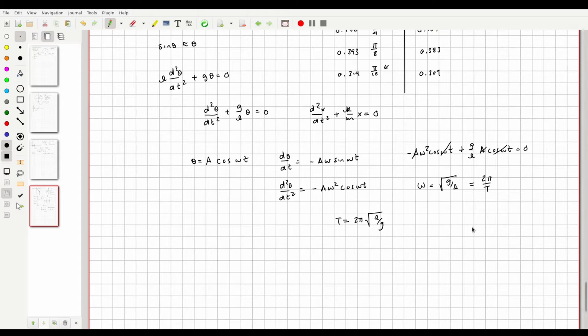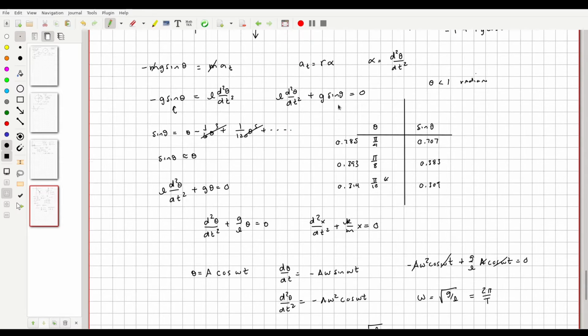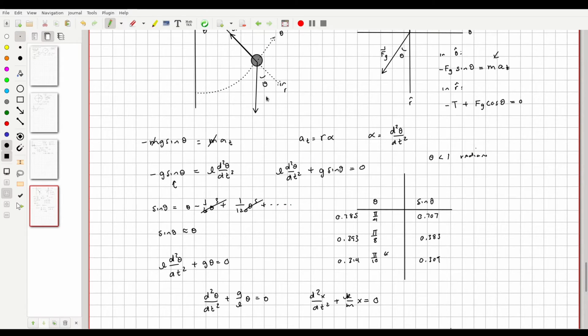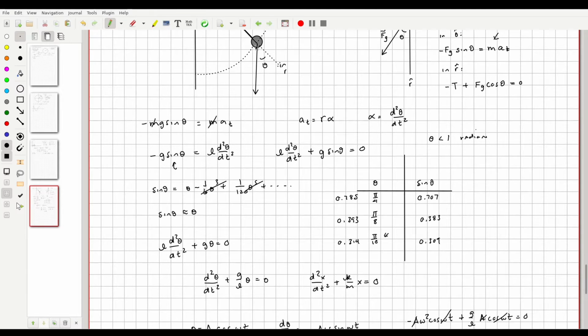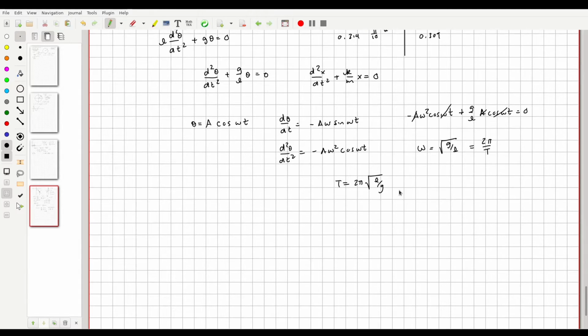Now check this out. The period of our pendulum here does not depend upon mass. So you could quite literally hang anything that you wanted off the end of this and let it swing. And as long as you displace it the same distance, you let it go, you're going to get the same period. Your period only depends upon the length of the pendulum string and the acceleration due to gravity.